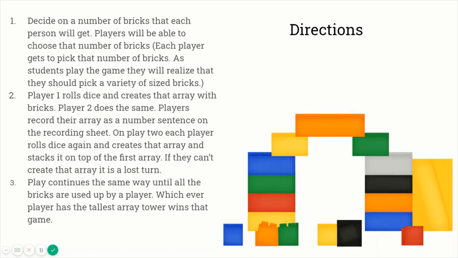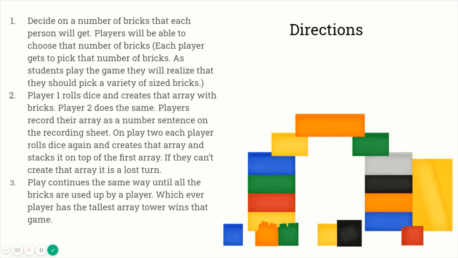Players record their arrays as a number sentence on the recording sheet. On play 2, each player rolls dice again and creates that array and stacks it on top of the first array. If they can't create that array, it is a lost turn. Play continues the same way until all the bricks are used up by a player. Whichever player has the tallest array tower wins that game.